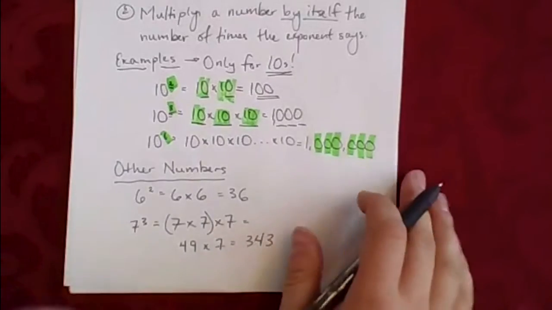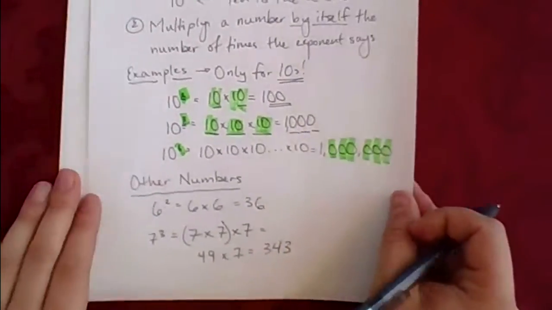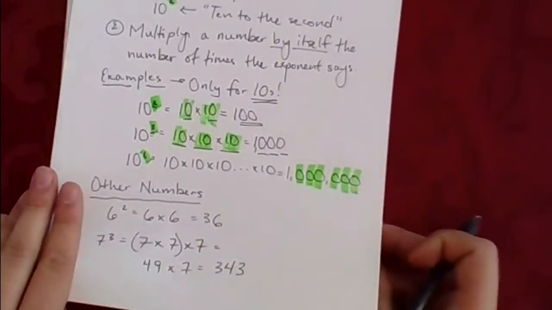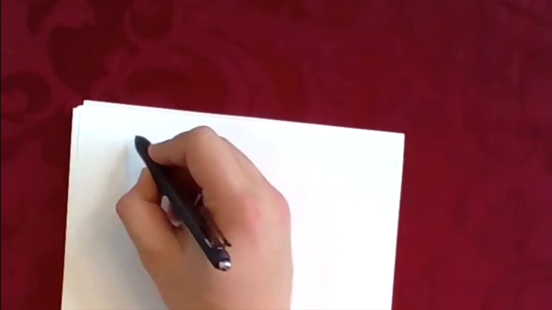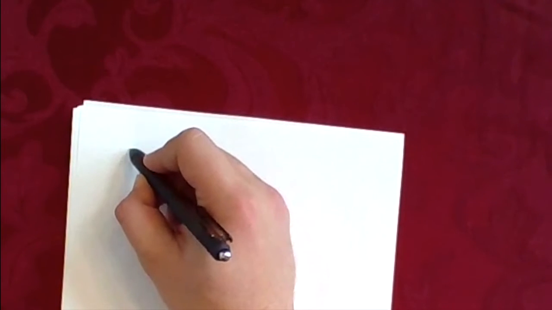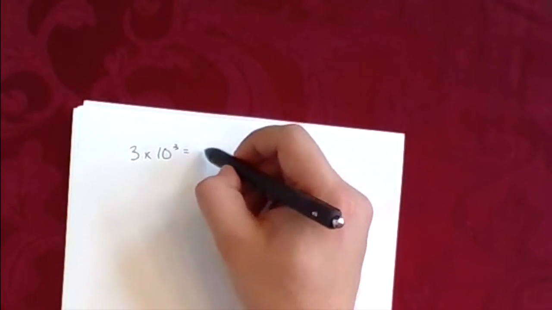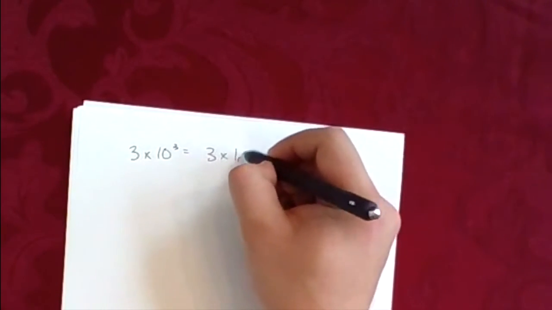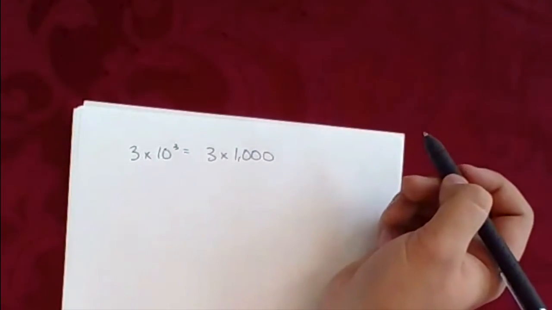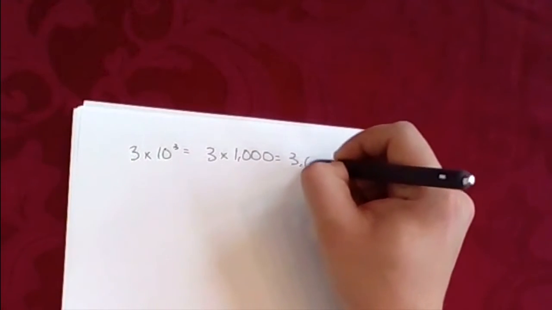How this works with some of the things that you might see on your sprint today. So if I have 3 times 10 to the third, that's the same as 3 times 1,000, which we talked about before, which is the same as 3,000.